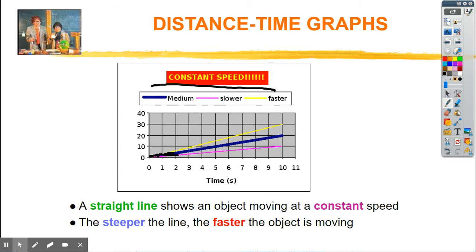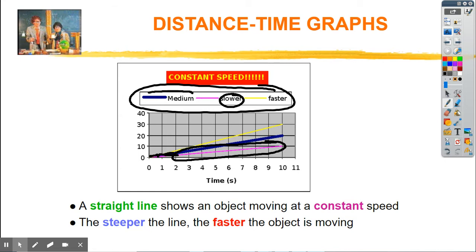If you look at our little key up here, the pink line is pointed more down. It's not as steep, so the pink line is the slowest one. The thick blue line is a little bit steeper than the pink, so it's moving at a constant speed that is a little faster.